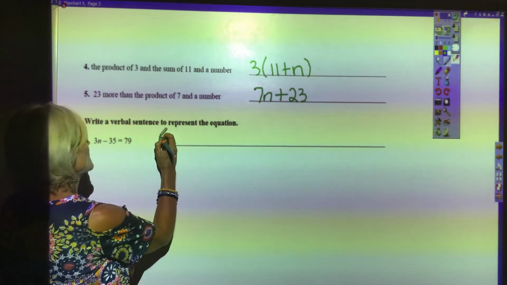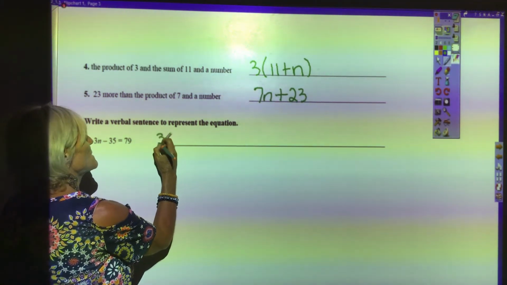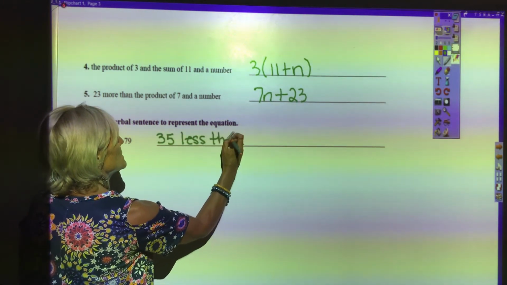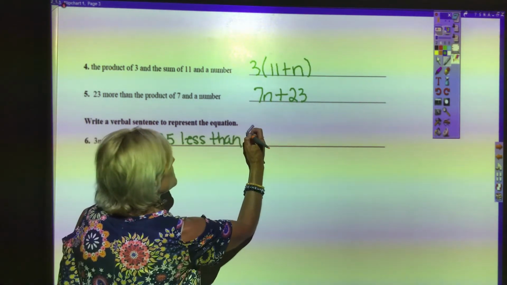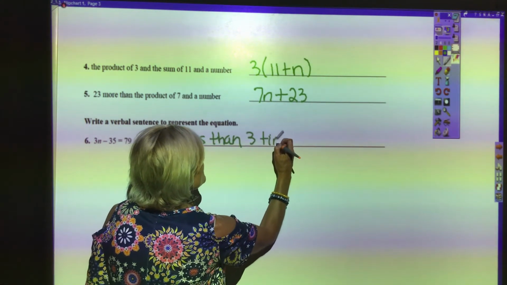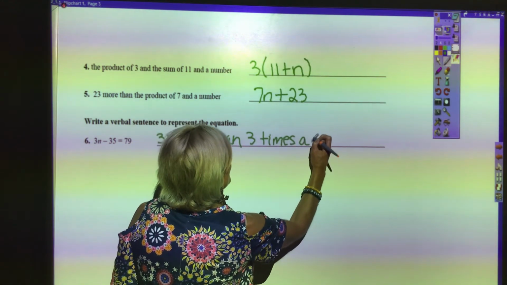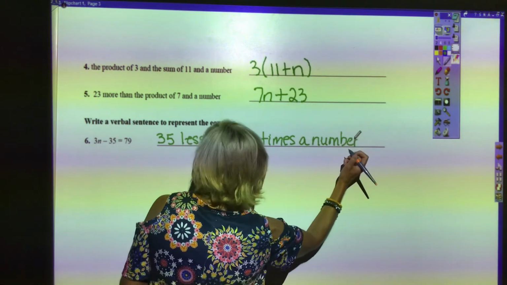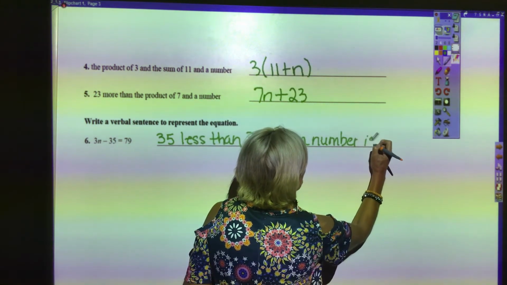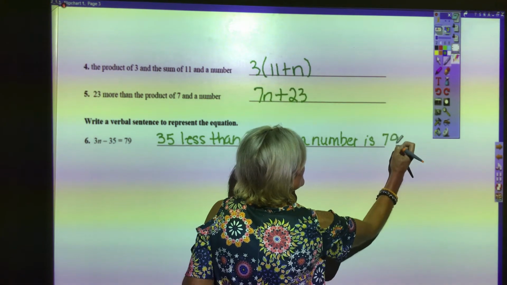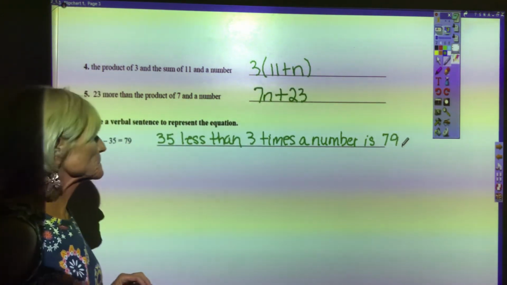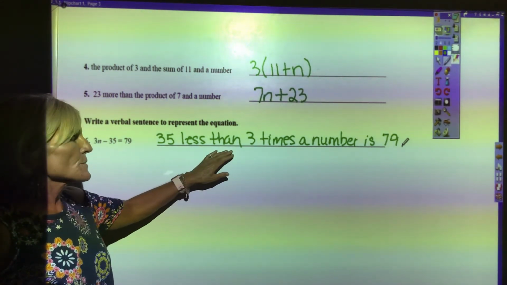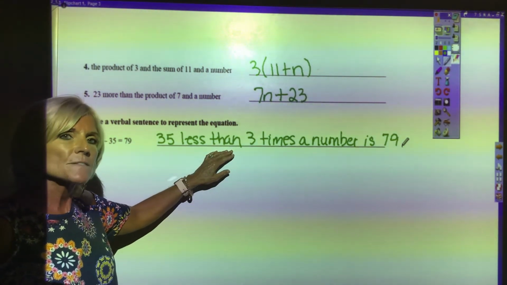I'm going to just say 35 less than 3 times a number is, that represents equals, 79. 35 less than means I'm taking away 35 from 3 times a number, and that is 79.